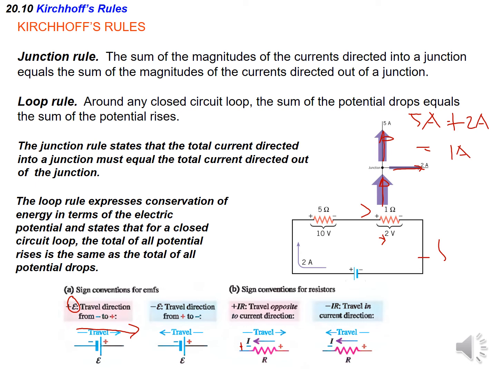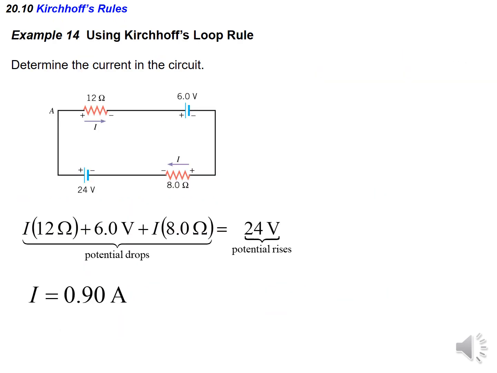So negative terminal to positive terminal, we are going to use positive electromotive force. According to the diagram, negative to positive means we are going to use positive electromotive force. But if it is positive to negative, we will be using the negative electromotive force. So this is the travel, and positive to negative, we are going to use the negative value of electromotive force. The same thing with this.